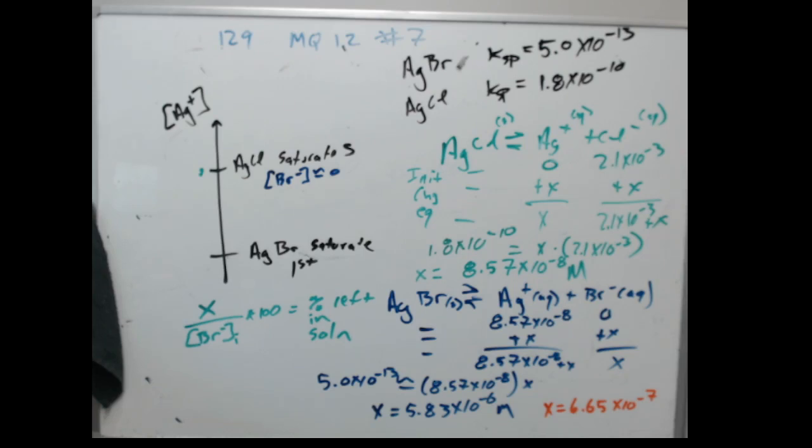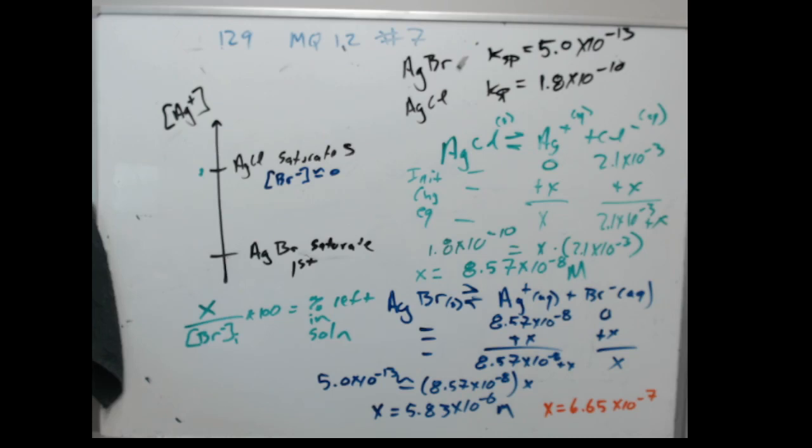We've got about 100% error when we use the x small approximation, because the x value that we predict with the x small approximation is about 10 times bigger than the exact value. So we've got pretty big error there. But the problem says, go ahead and use the x small approximation.